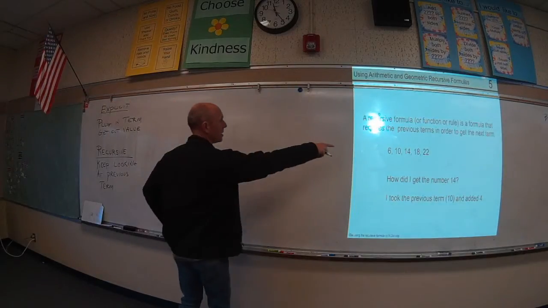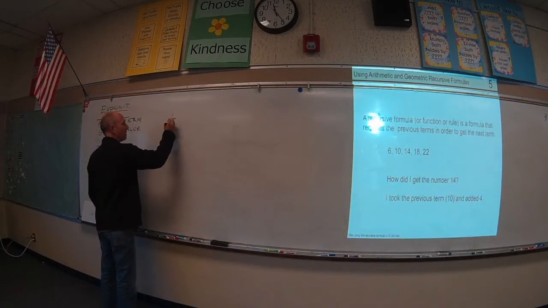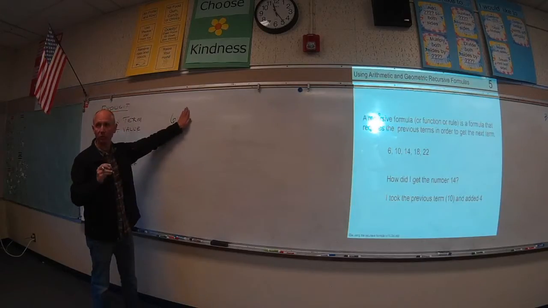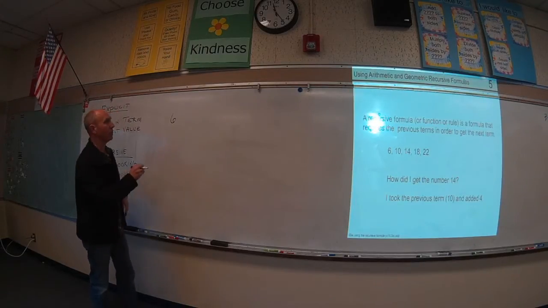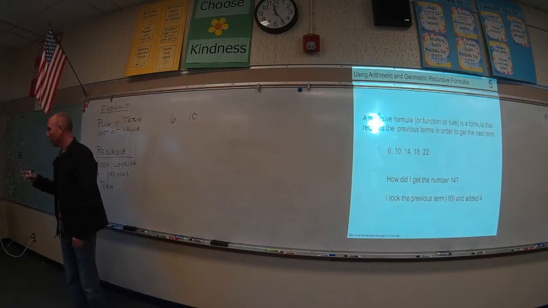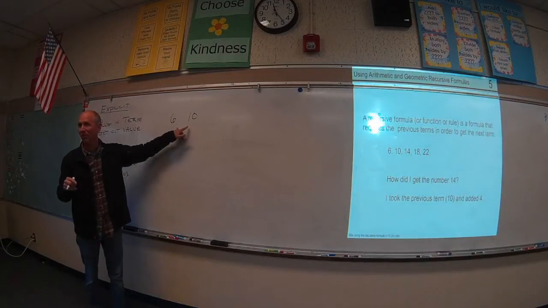So if I look at this sequence right here, if I just give you the number 6 alone, you've got no idea what's going on. If I tell you the next term is 10, even there, you really don't know what's going on because you don't know if it's arithmetic or geometric yet.